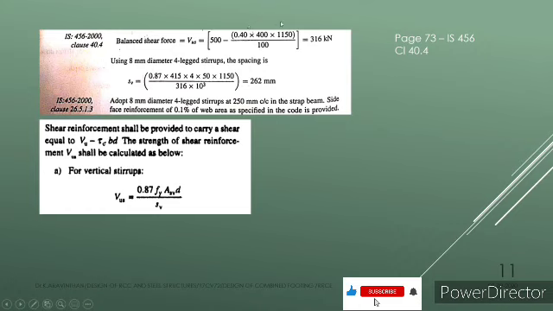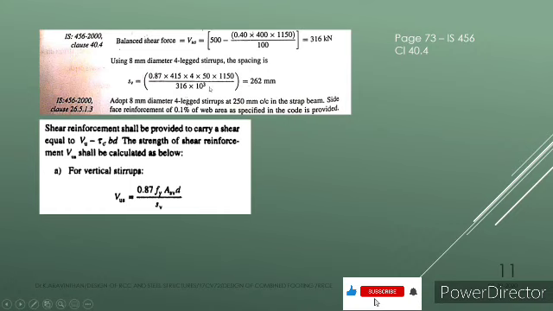How much shear force is taken by the concrete is 0.4, this is tau c, into BD, that is B is breadth and D is depth, divided by 100. If you substitute this, you will be getting the balance shear force which has to be taken by the steel. So, 316 is the balance shear force. Now, you got the VUS. If you need the spacing of stirrups, what you have to do is cross multiply for SV.